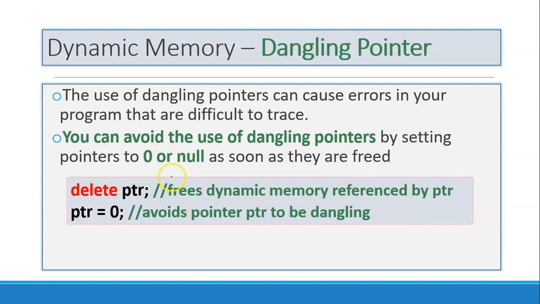So you can avoid that by making sure that you reset your pointer to 0 or null as soon as you free the memory. So soon after deleting the memory, you need to set it to 0 to avoid dangling pointers. So you can have these two statements always appearing together to avoid dangling pointers.